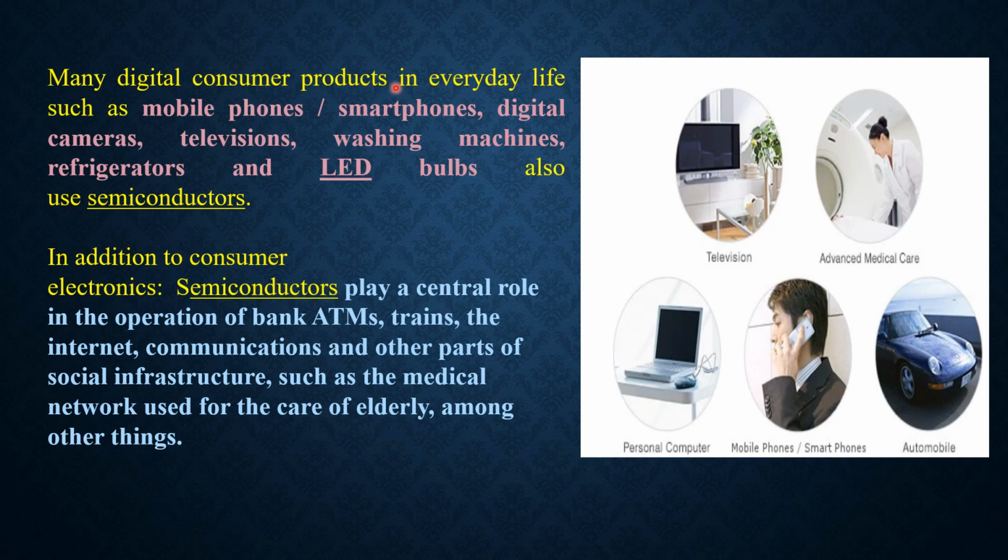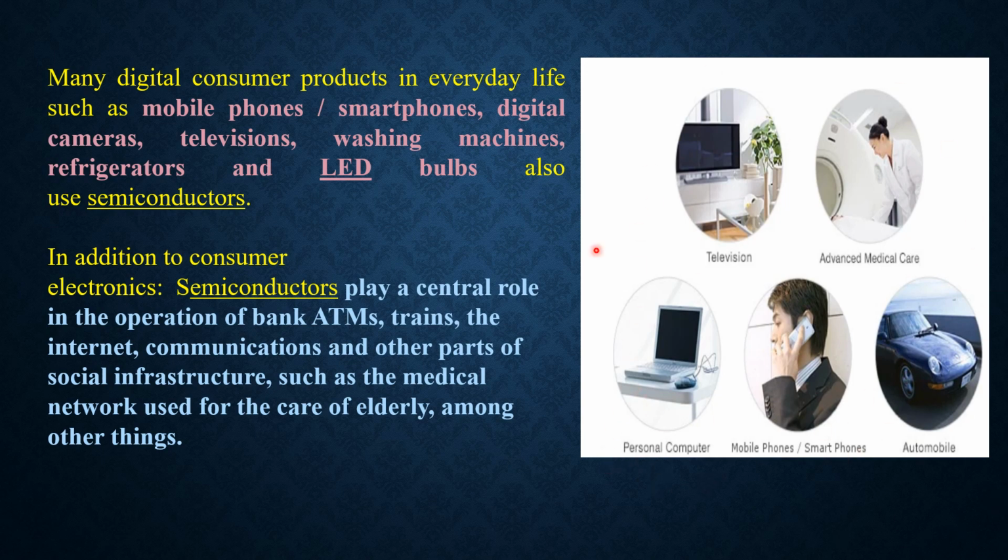Many digital consumer products in everyday life, such as mobile phones, smartphones, digital cameras, televisions, washing machines, refrigerators, LED bulbs, and OLEDs, are also made up of semiconductors. In addition to consumer electronics, semiconductors play a very important, central role in the operation of bank ATMs, trains, the internet, communications, and other parts of social infrastructure, such as medical networks used for the care of the elderly, among other things.